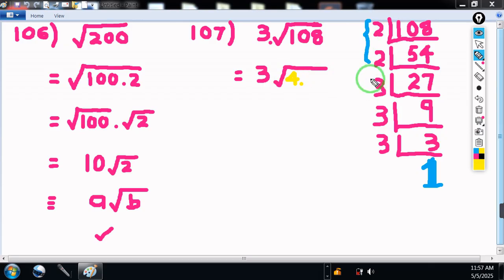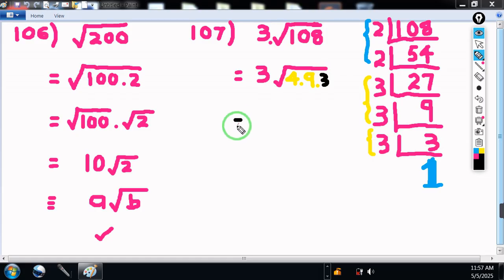Can. And then this one is 9. Can. And this one, only one fella hanging there. It's just a 3. Do it like that.